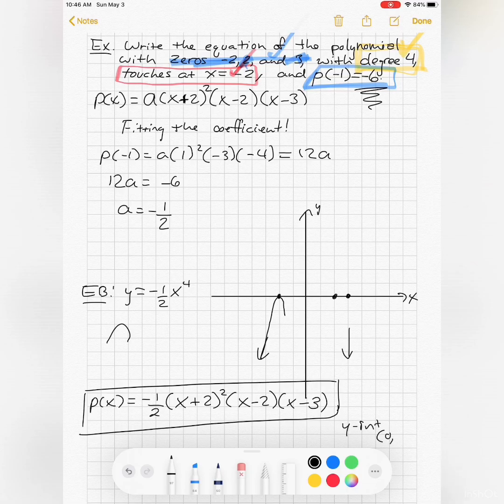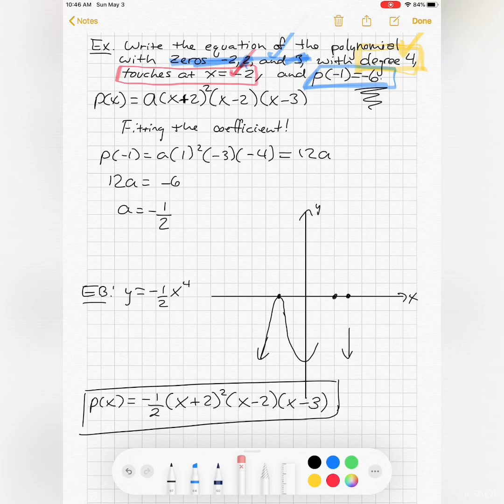If I plugged 0 in there, I'd have -1/2 times 4 times -2 times -3. That's -2 times -2, 4 times -3, is that -12? Okay, anyway, if I don't have that information, I can even just be generic. Let's do it that way. I just wanted to get a rough sketch of this one because I wanted to point something out.